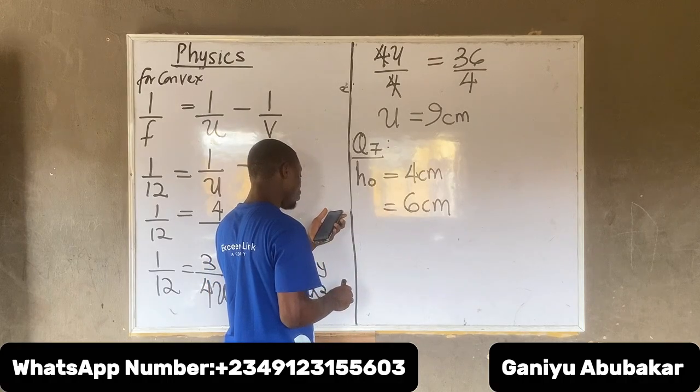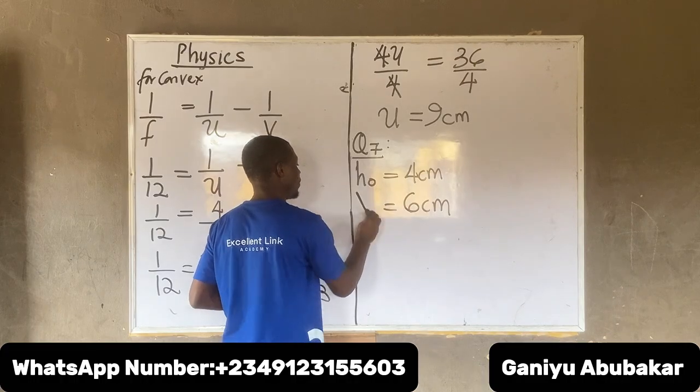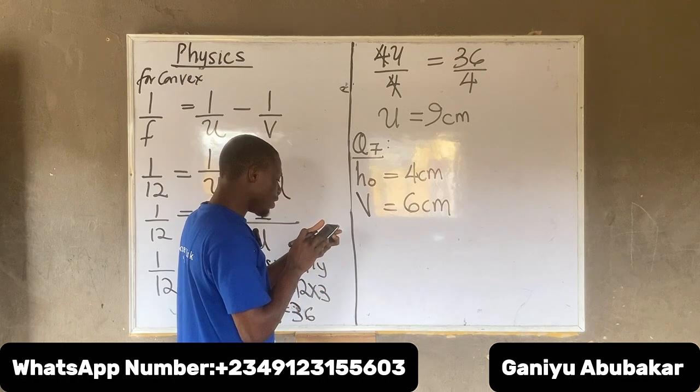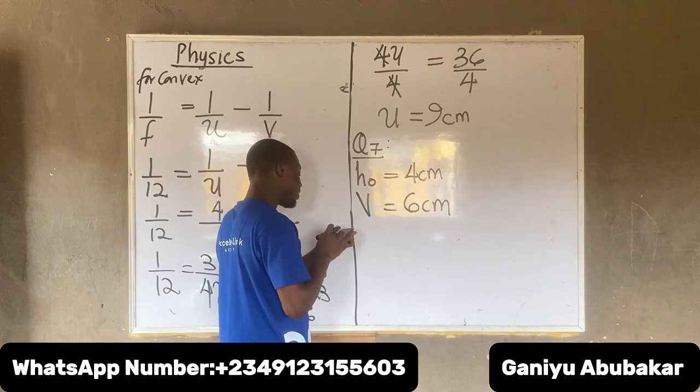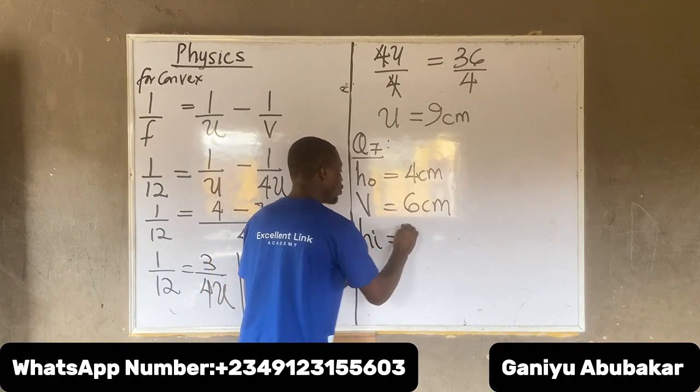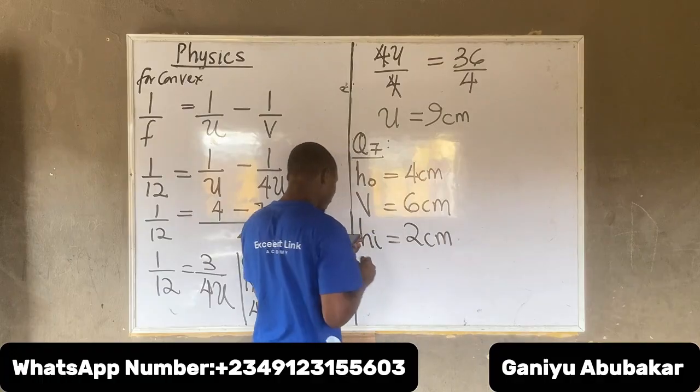Distance of image. That's V. Please, image distance, that's V. If the image form is 2 cm, right? That's the height of the image is 2 cm.